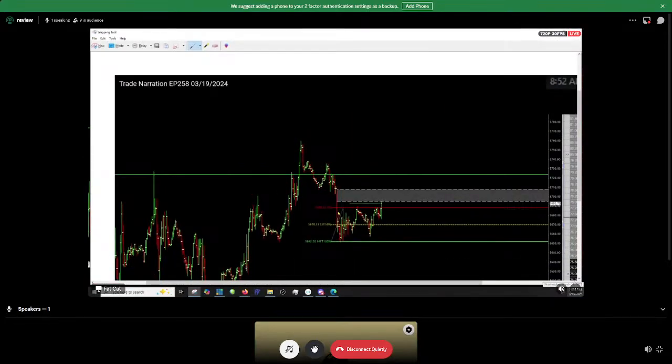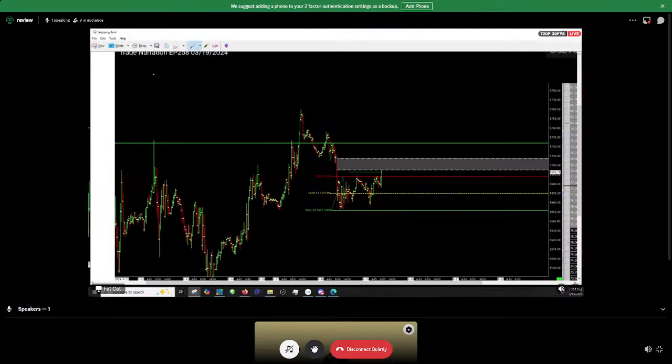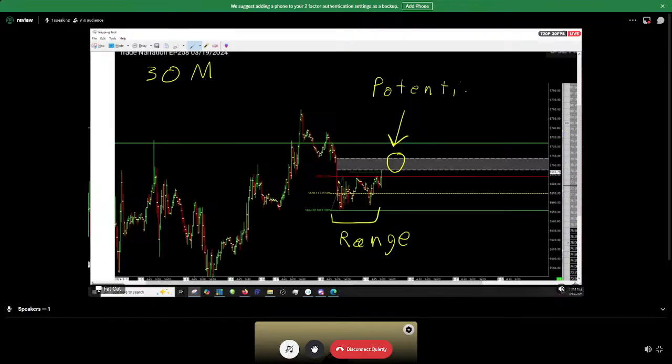So we have a 30-minute range, and we got a potential breakout, reclaim assisted.